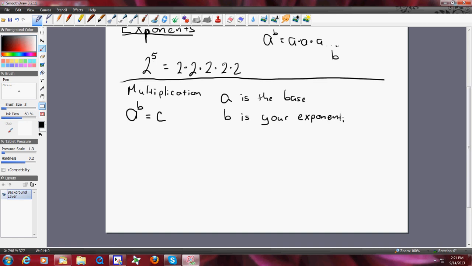And technically c is equal to the power. So let's take a quick look. I'm just going to do a quick example. 3 squared, 3 is your base, and 2 is the exponent.